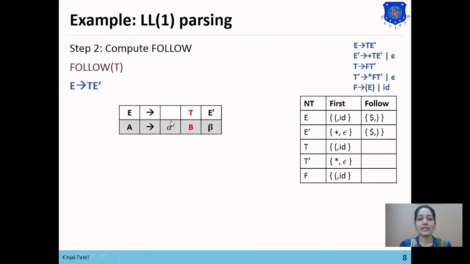So E produce T dash matches with A produce alpha B beta. So we will apply rule number 2, which says that if the symbol following T is terminal symbol, then the terminal symbol will be added in follow of T. And if the symbol is non-terminal symbol, then we will add first of that symbol in follow of T.